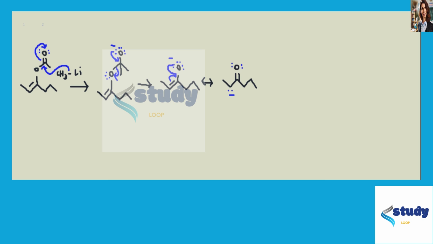So based on this electron movement. Okay. And so now with that lone pair situated on the alpha carbon, it can now attack the methyl group from the methyl iodide like this. Okay, and so that is going to get us to our final product.